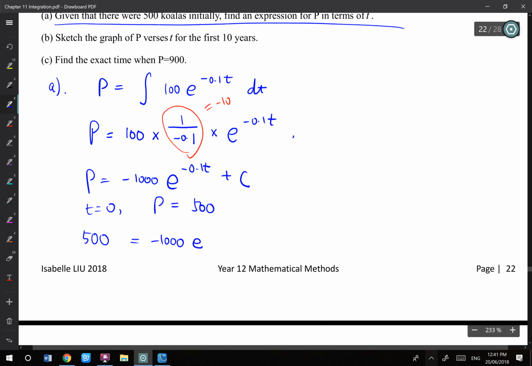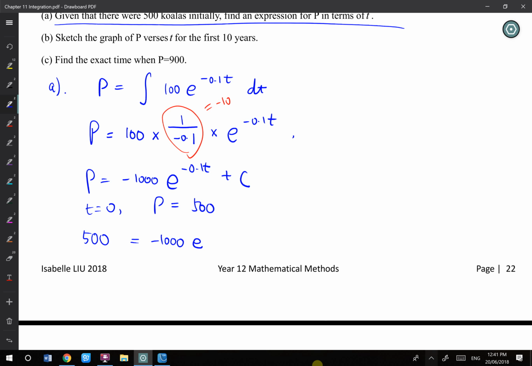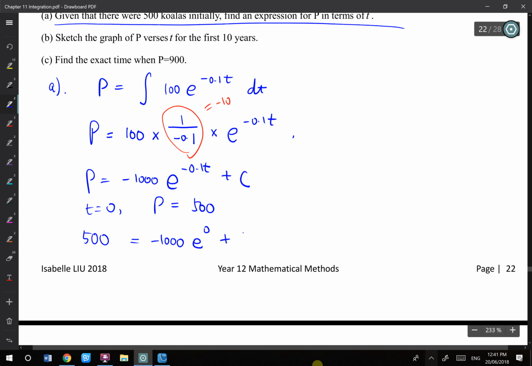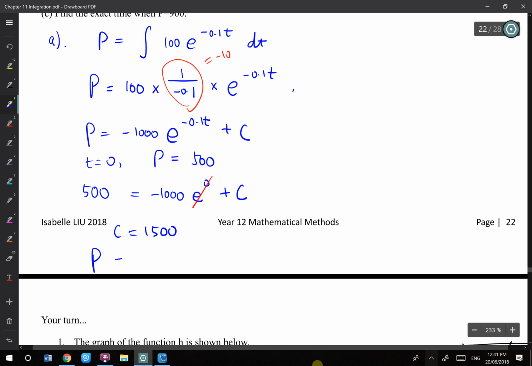So e to the power of 0 is just 1, so C is 1500. P is negative 1000e^(-0.1t) plus 1500.